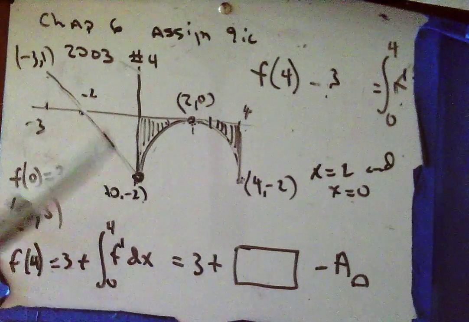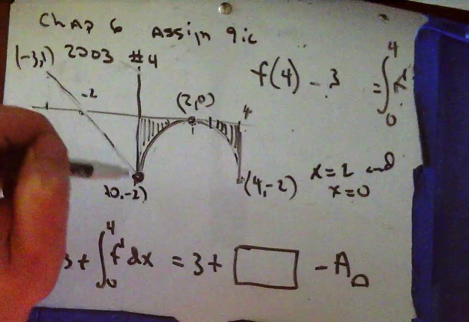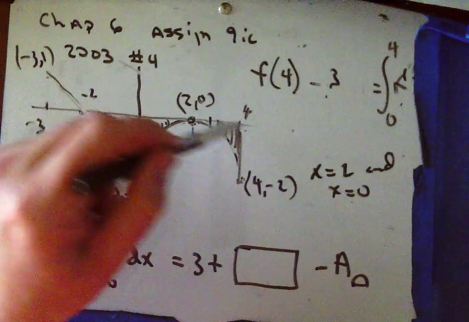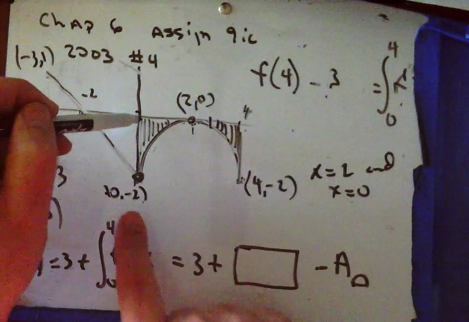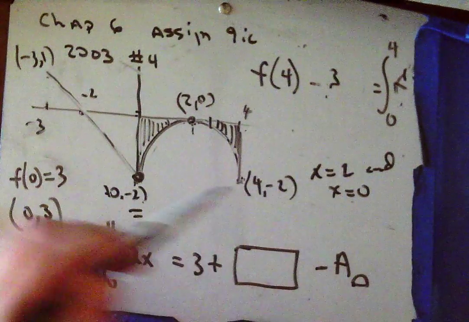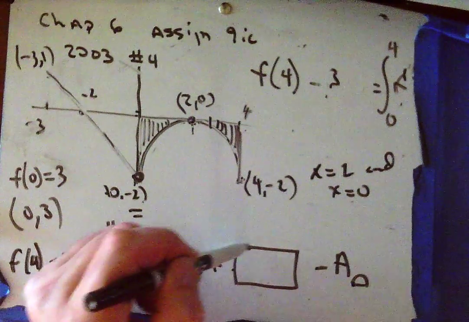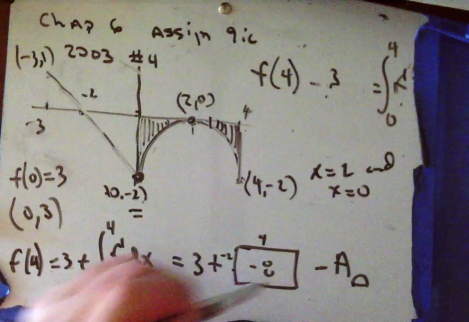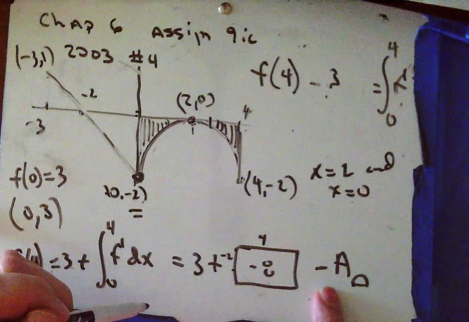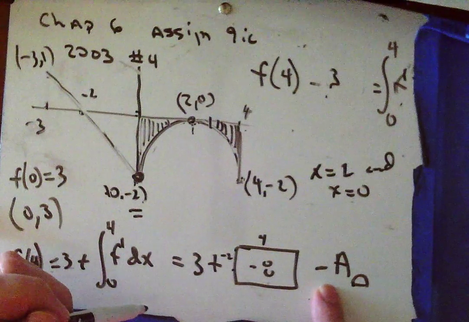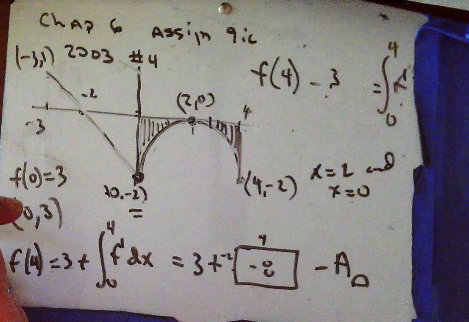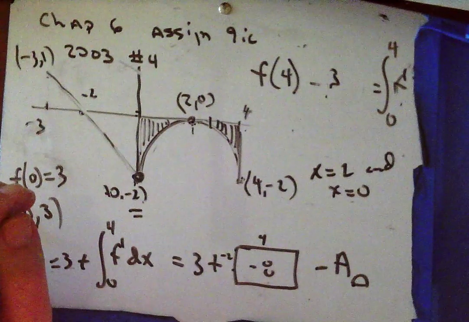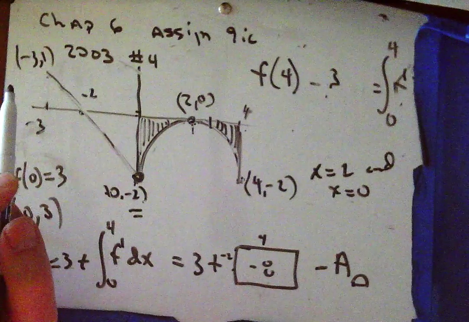Okay? So what can we say about this area here? Well, this rectangle has a width of 4 and a height of -2. So -2 times 4 is -8. Now I'm going to subtract from that the area of this semicircle. Okay, so what can we say about the area of that semicircle?